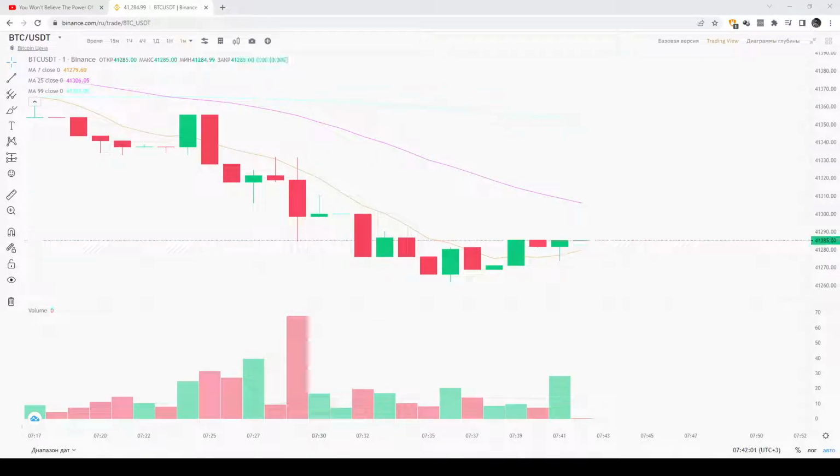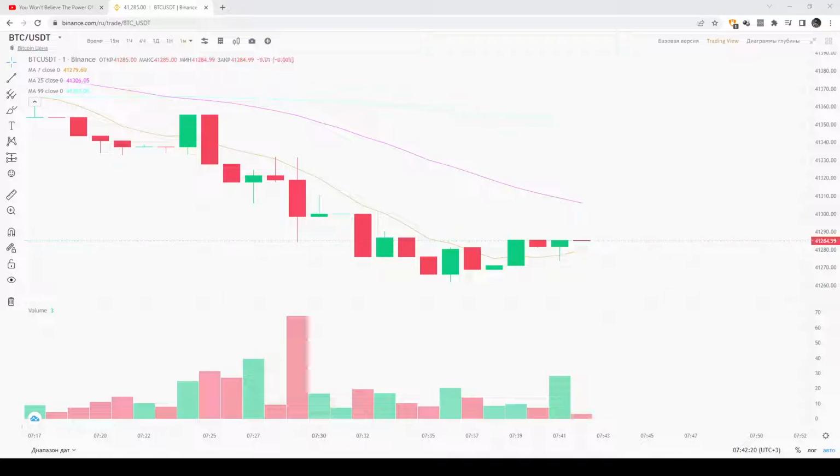At a minimum, fractal patterns are useful for identifying at least a temporary level of price support with the bullish fractals or price resistance with the bearish fractals. So you can use fractals to determine the possible direction of the price.